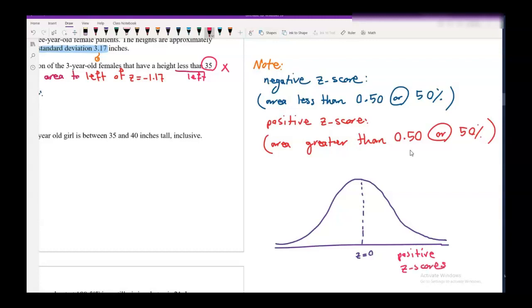And on the left side of z equal to 0 we have negative z-scores. And in total, the area under the curve is equal to 100% or equal to 1.